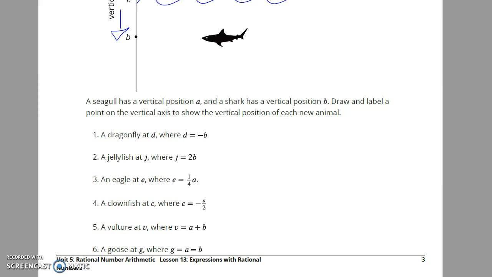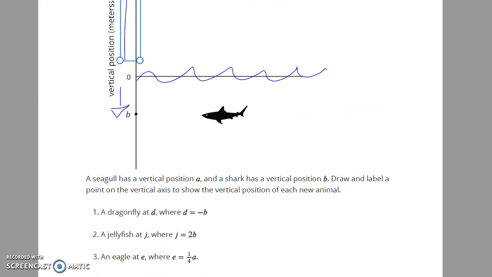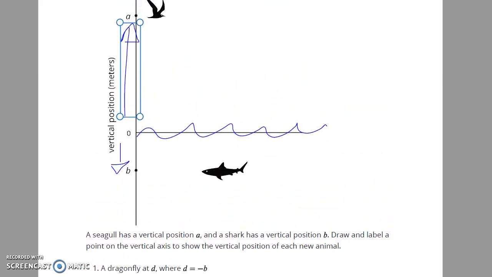So we have a dragonfly that is going to be lettered D, where D is equal to negative B. So if this is B, negative B must be the opposite, somewhere around there. And then you're going to draw your little butterfly, or dragonfly, and this is D. Do we see how that is the negative version of B?